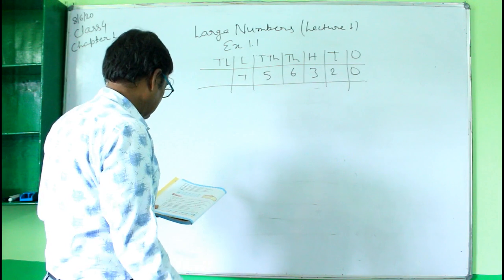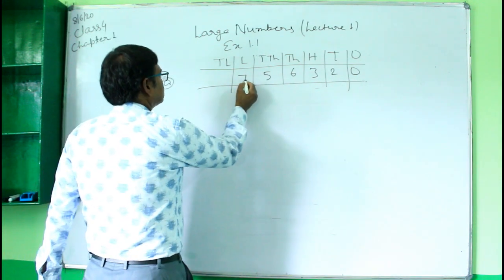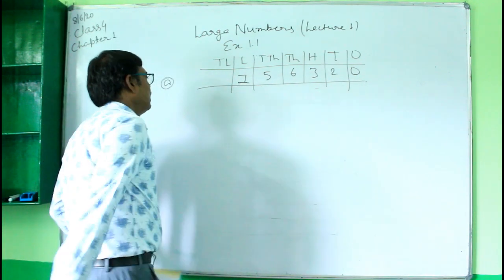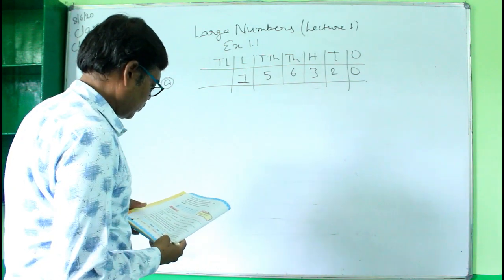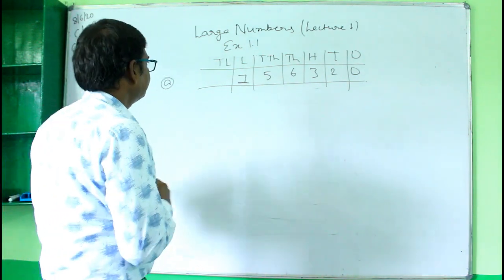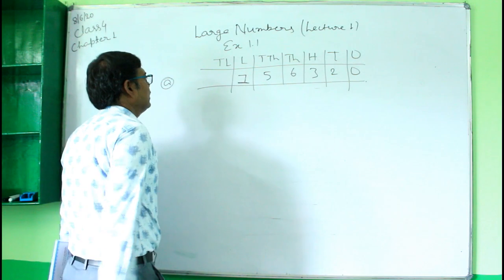Question number A, and in this number 7 is colored here, and we have to find the place value of this number. So see that the 7 is at the lakhs place.